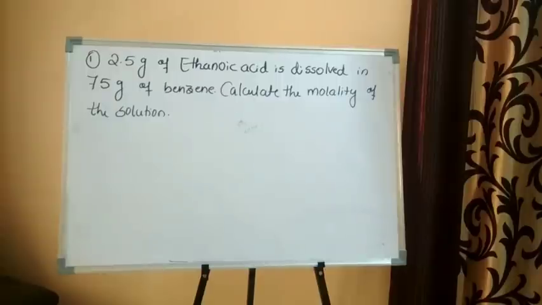So, students, I have taken one numerical based on the molality concept. It's NCERT based, where 2.5 gram of ethanoic acid is dissolved in 75 gram of benzene. Calculate the molality of the solution. Quite simple.